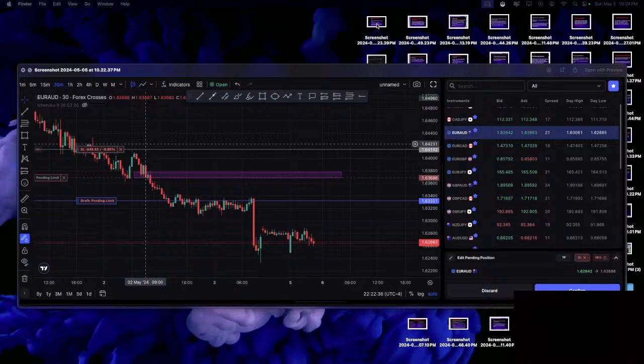There's also a button for your trade tab. Let me show it.